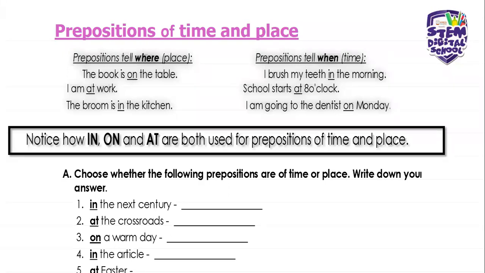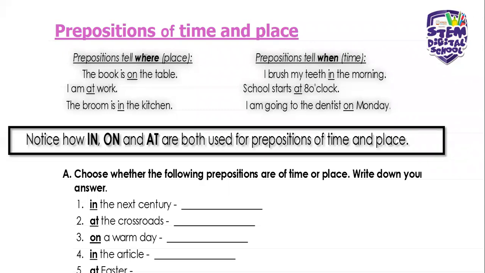Now, you need to choose whether the preposition is for time or place. Number 2, at the crossroad. Is at a preposition of time or place? You can write your answer there. The third one says on a warm day. Is on a preposition of time or place? You will write your answer there.